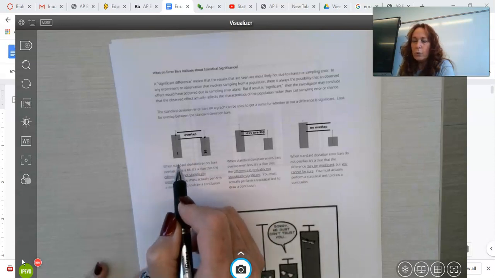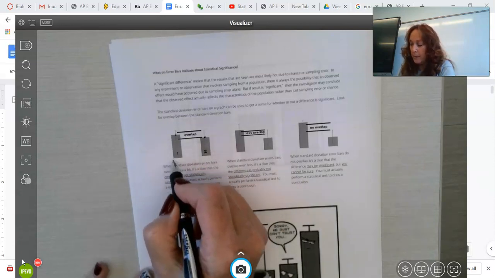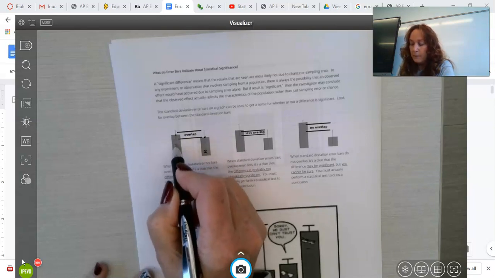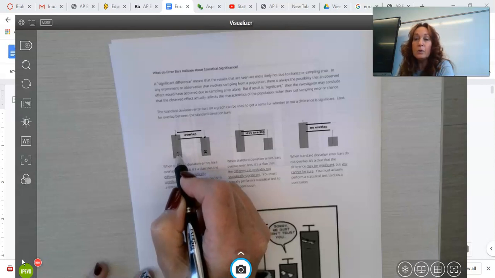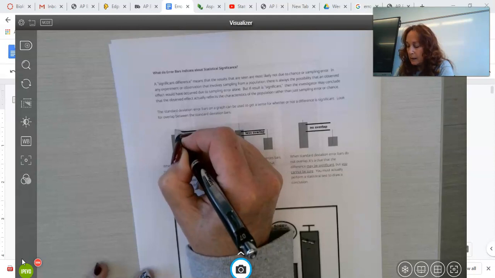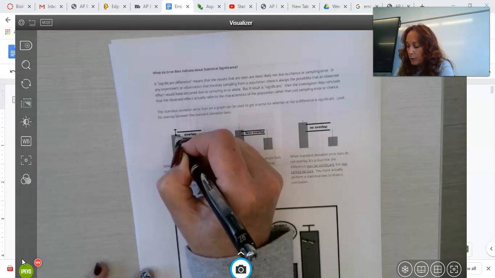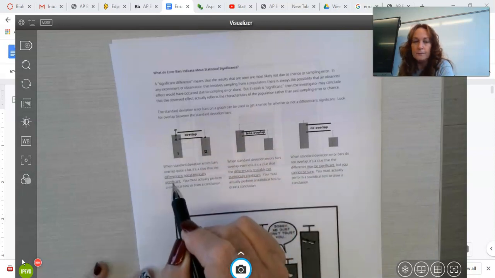So what you're really saying when you look at these, for one, is this is information that belongs to a bigger set of information. This mean is part of a group of means that fall from here to here.